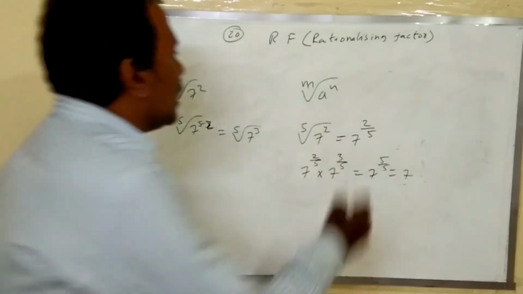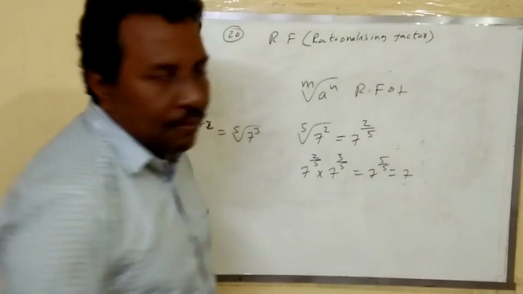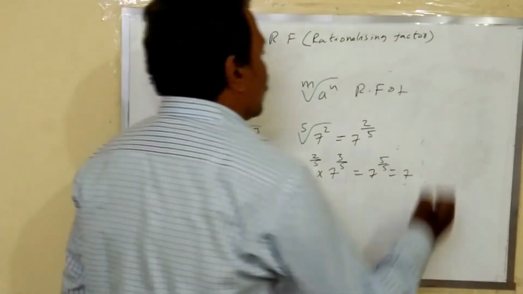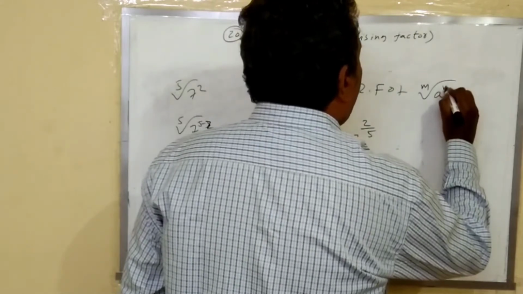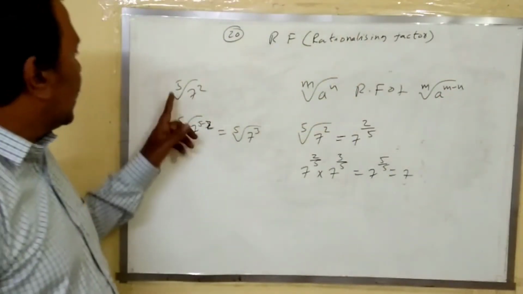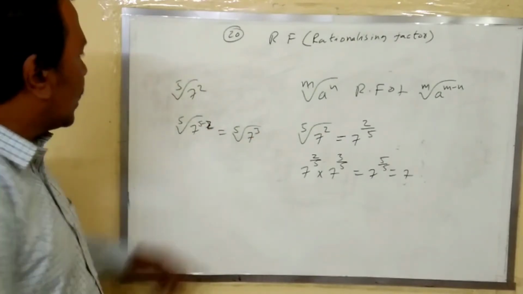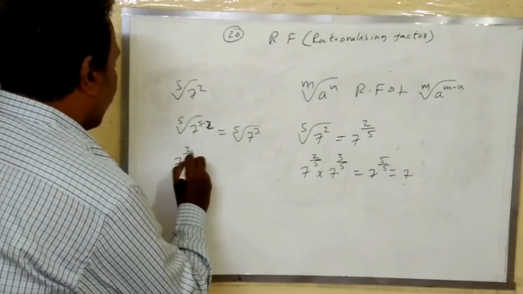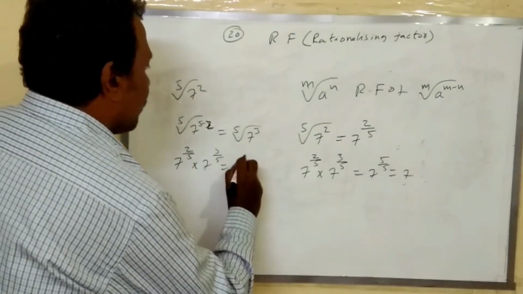Similarly, what is the RF of mth root of A power n? The RF of mth root of A power n is mth root of A power m minus n. M minus n, 5 minus 2, which is equal to 3. Okay, 7 power 2 by 5 into 7 power 3 by 5 is equal to 7 power 5 by 5.